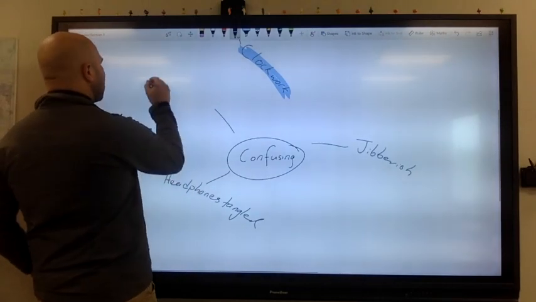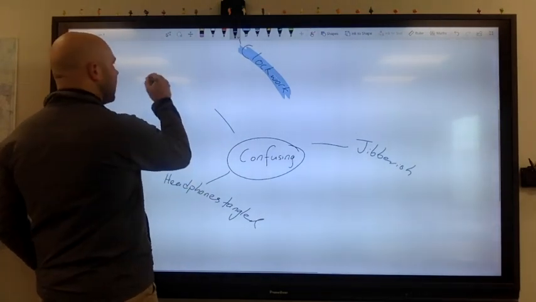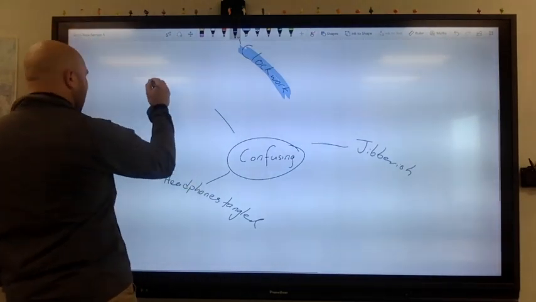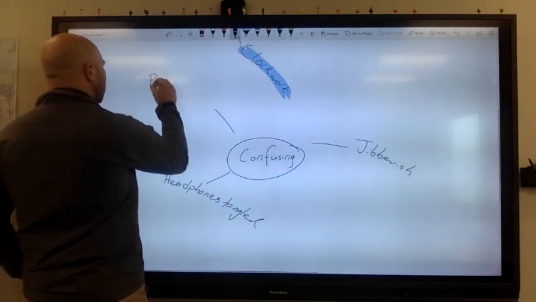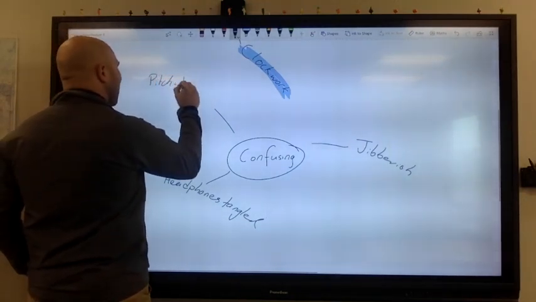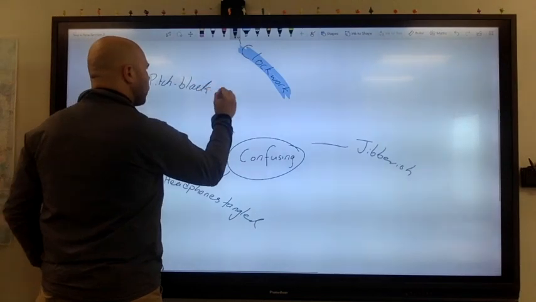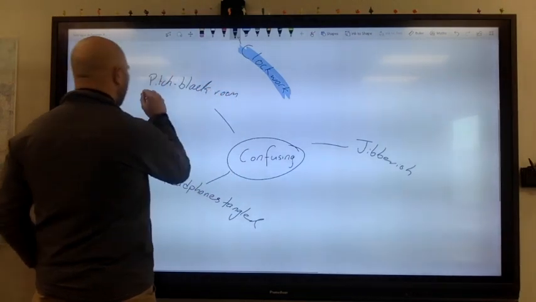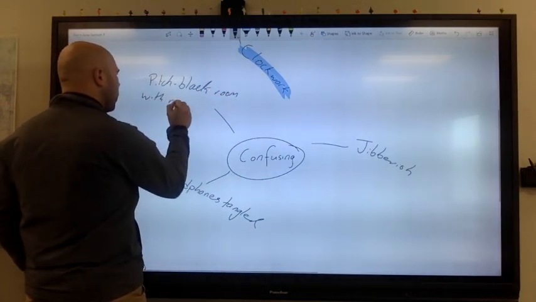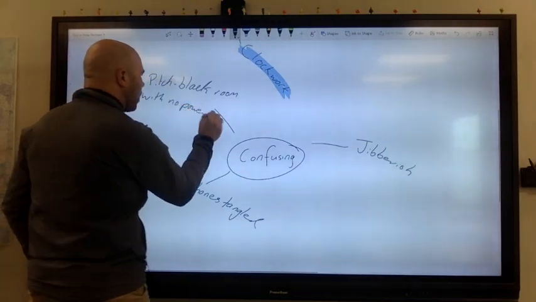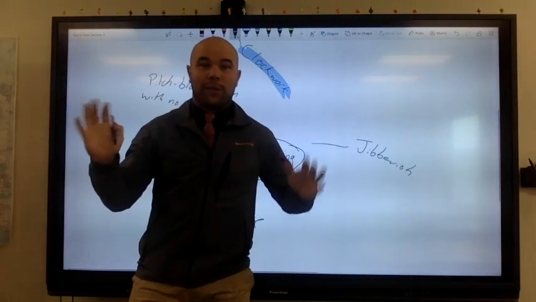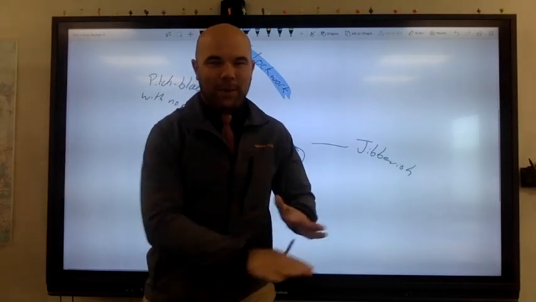I could say it's confusing like a pitch black room with no power. One time I was in Japan and I was trying to find my way around on the subway system there.